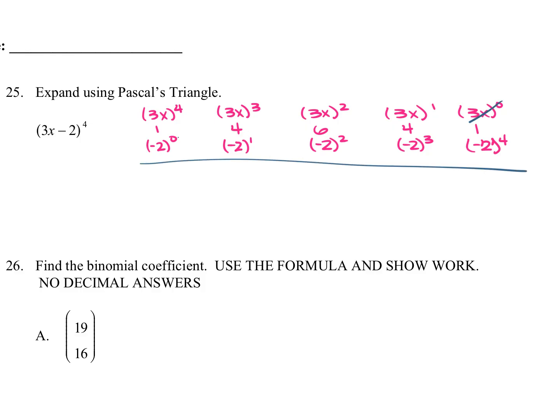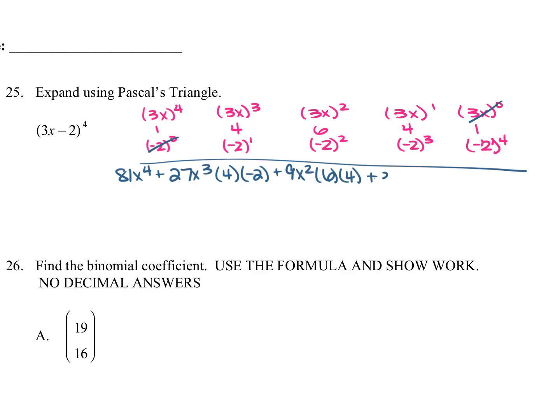We're going to cancel out anything that raises the power of 0 and then continue. The 3x to the 4th power is 81x to the 4th. Then you have 3x to the 3rd power, which is 27x cubed times 4 times negative 2. Then you have the 3x to the 2nd power, which is 9x squared times 6 times negative 2 squared, which is 4.